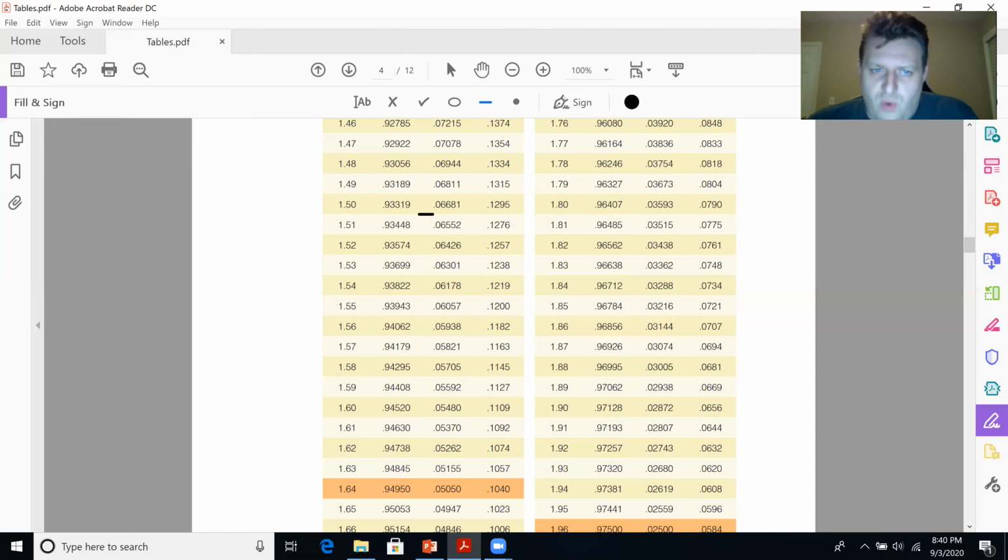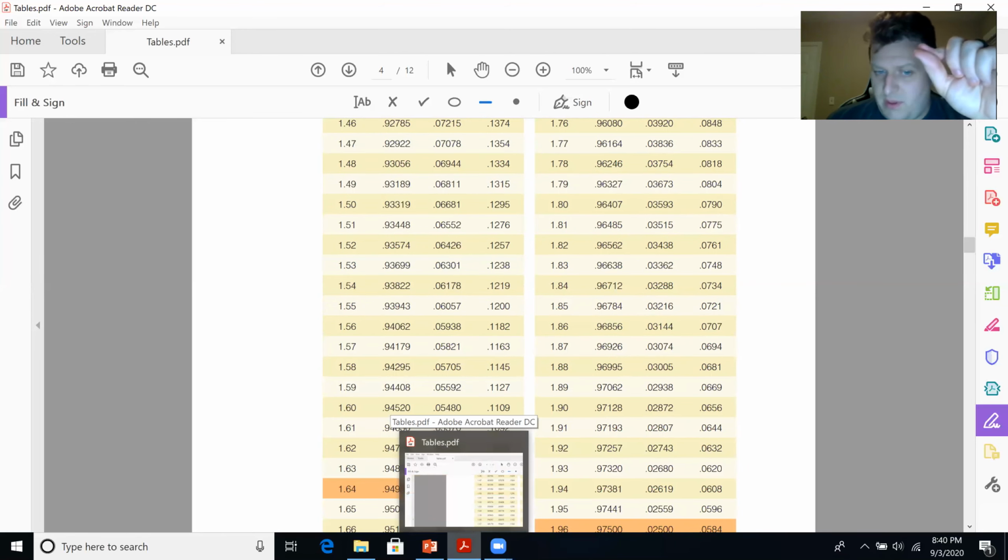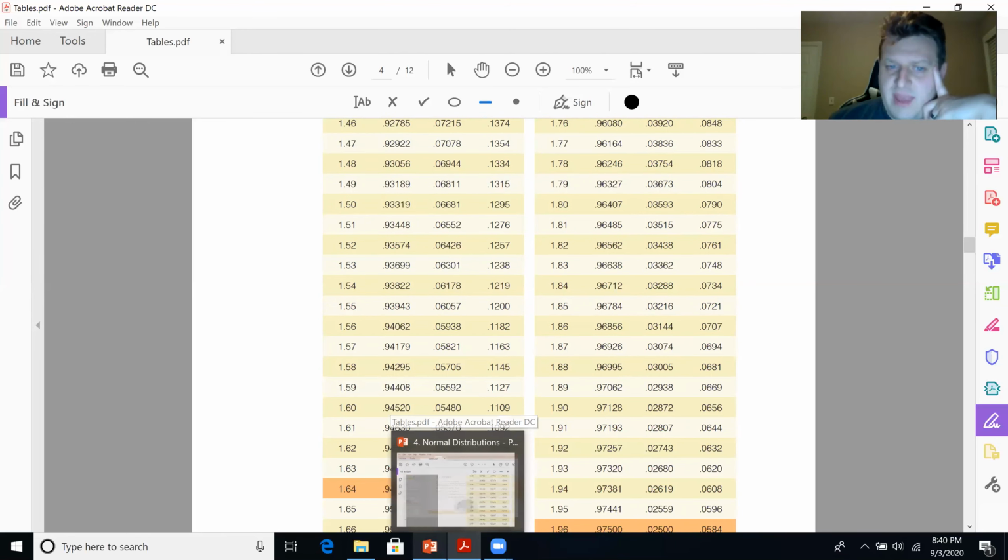For the negative z-score, 93.319% of people are going to score above that negative z-score, and 6.681% of people are going to score below that z-score. All right, so that's how we can use the same table to operate with negative z-scores.